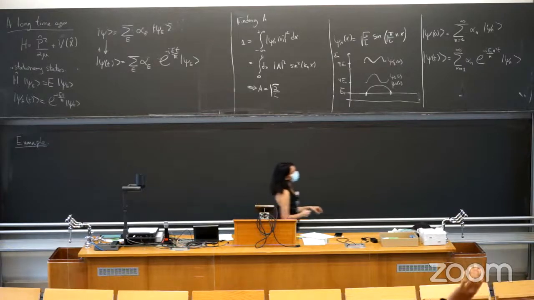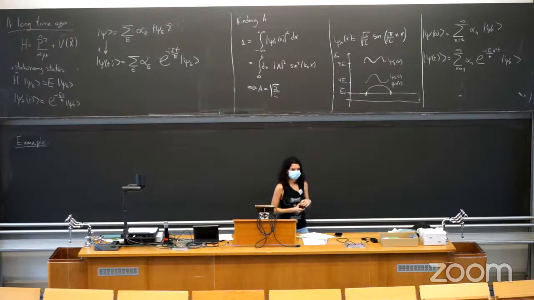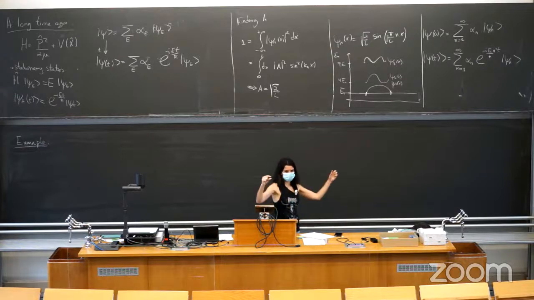Why is n equals 0 not allowed? Indeed, but then it's a very boring solution because it's not normalizable. If it's constant, you cannot normalize it, so it's just going to be 0.